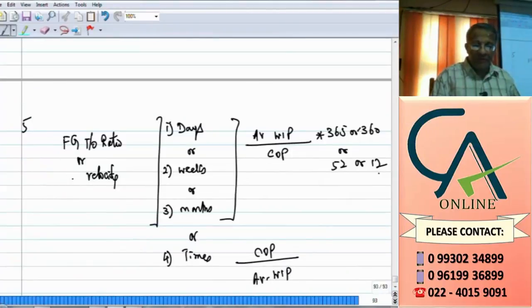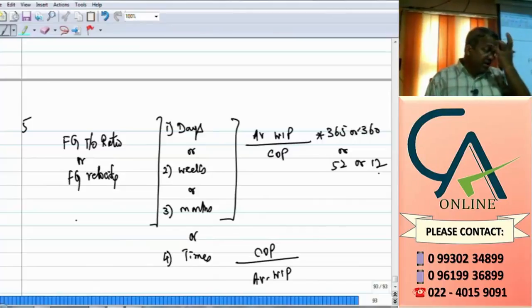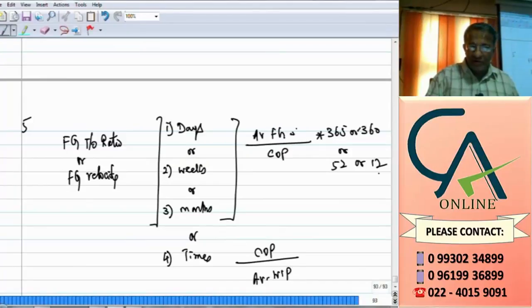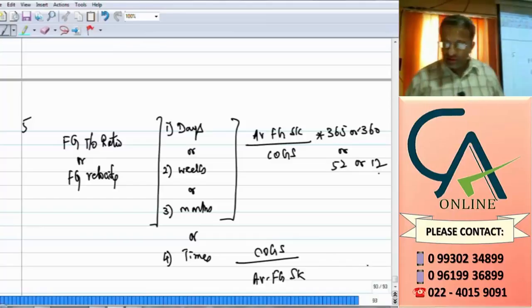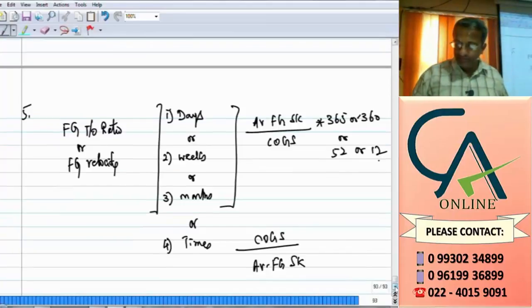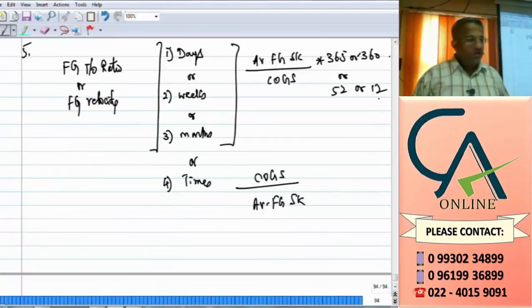Finished goods turnover ratio, or finished goods velocity, or inventory turnover ratio: average finished goods stock divided by cost of goods sold. Not cost of sales, cost of goods sold. Are you understanding, all of you? This is item number 5. Next. Raw material over, WIP over, finished goods over.